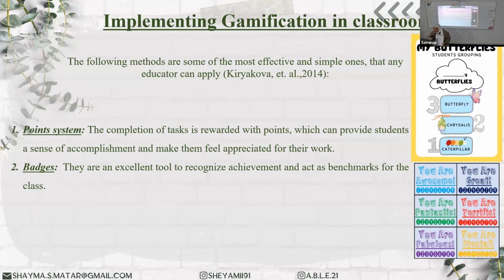It should be colorful, but that's for the sake of the session. They feel happy about it because they know that butterflies, English butterflies, are the most popular students. So this is one idea you can use. So number 2, the badges.